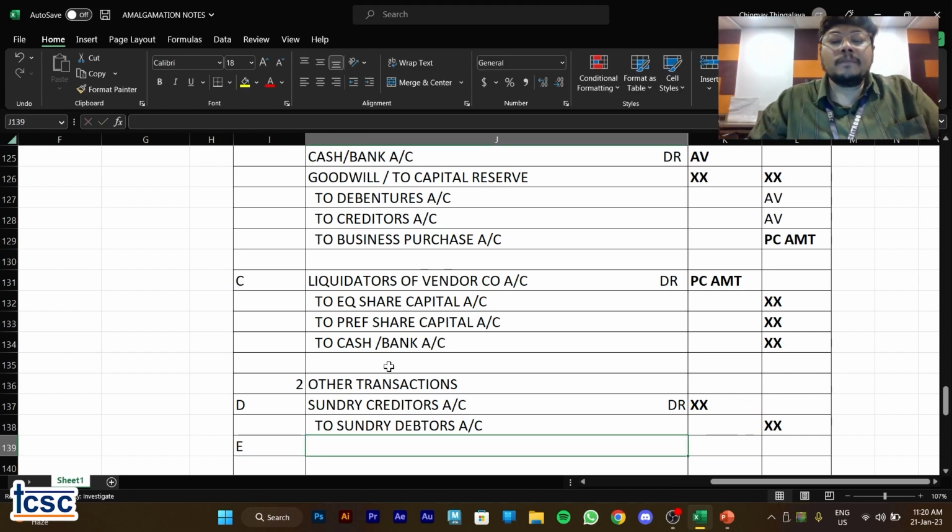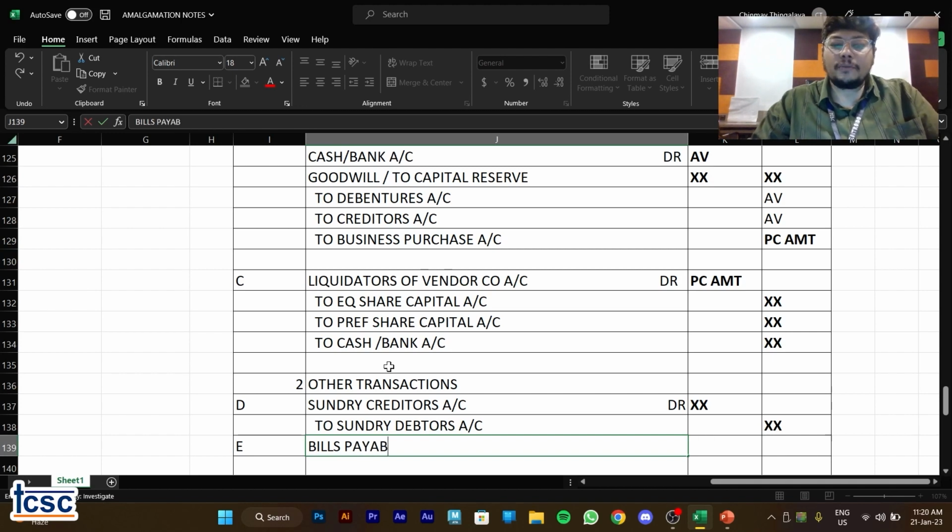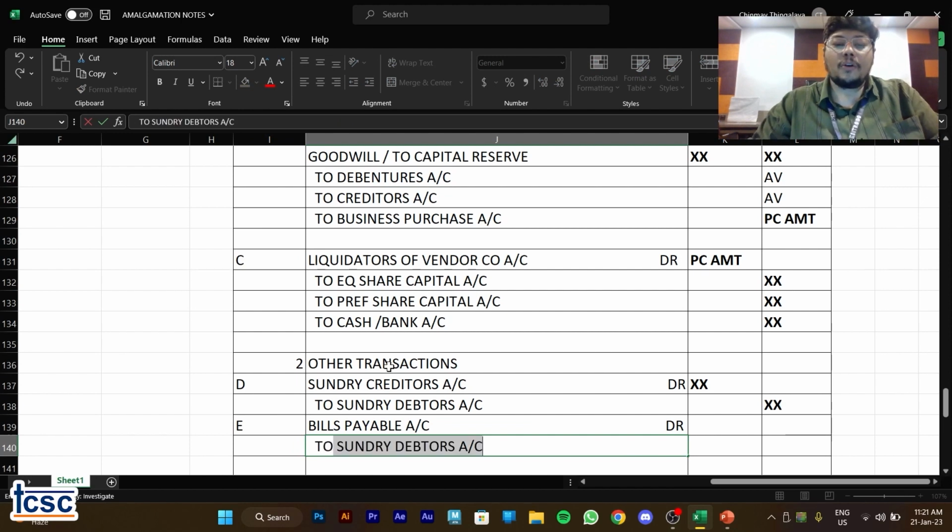Next, likewise for bills payable also we may have a set of transactions. One has bills receivable, another has bills payable of the opposite company, so that also has to be set off.